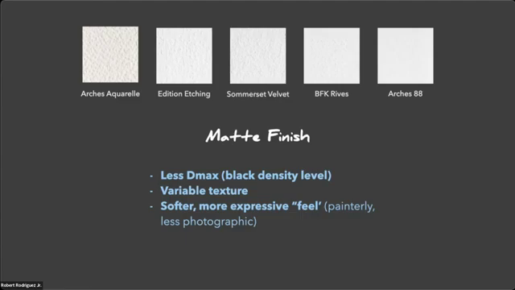It's just pretty much smooth. Whereas matte papers, you can go from very smooth all the way to very textured, what you might think of as a watercolor type paper. So paper like Arches Aquarelle on the left is probably Canson's most textured paper, and something like Arches 88 on the right, or even Rag Photographique, is going to be the smoothest paper.